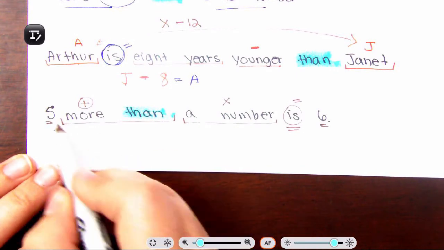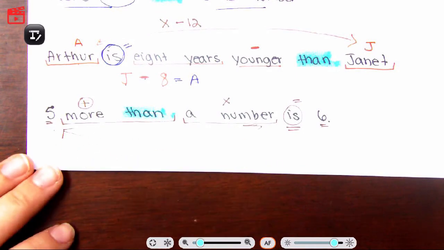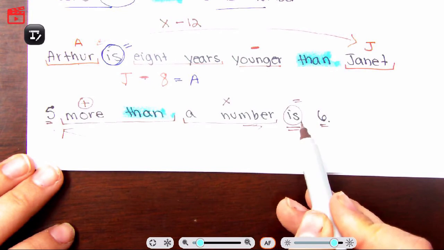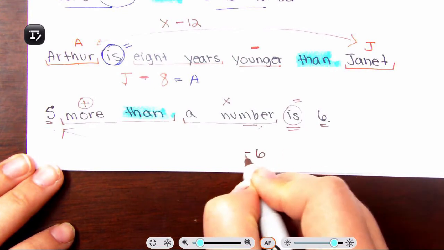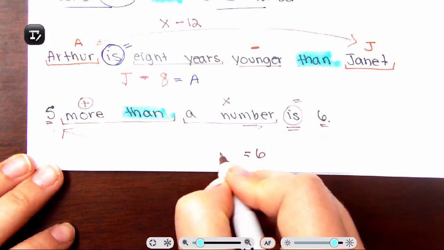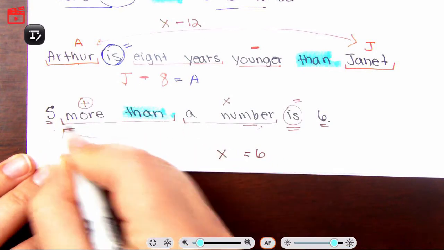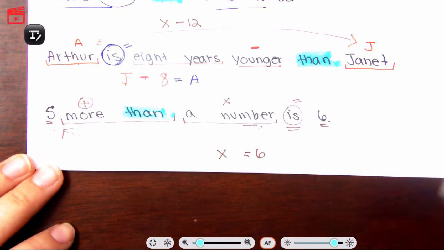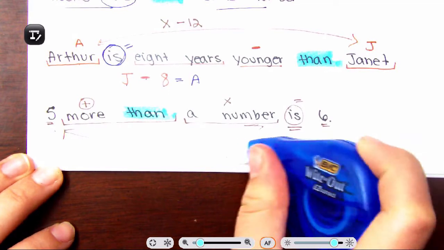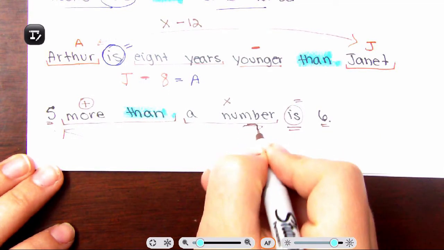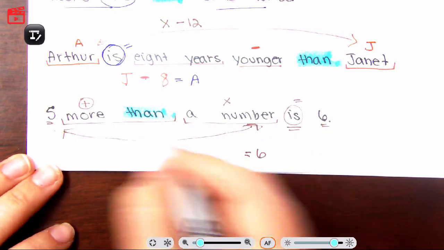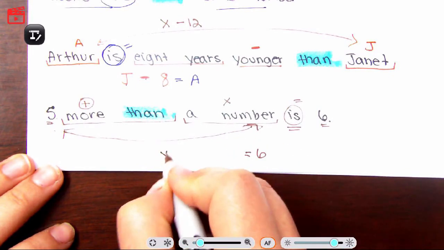So we're switching positions, going backwards. 5 more than a number, excuse me. I forgot to switch the positions. Remember, here's my arrow, switch the position. So I have 5 more than a number. So a number comes first.